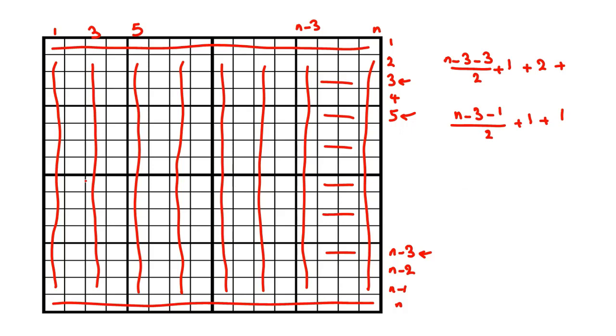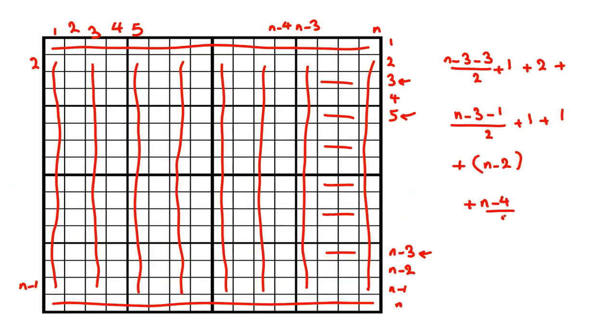Okay, and then all others are units. So how many is it? It is from 2 to n minus 1. So n minus 1 minus 1, n minus 2. For how many columns? 2, 4, to n minus 4. Okay, so it will be n minus 4 over 2.